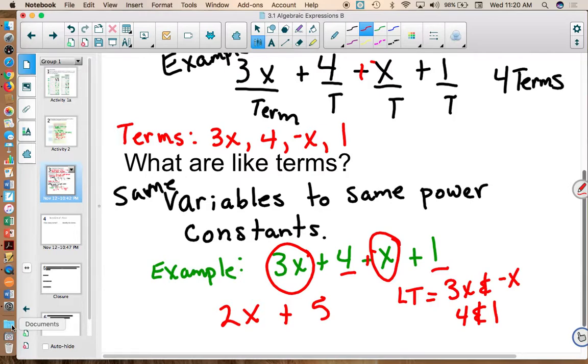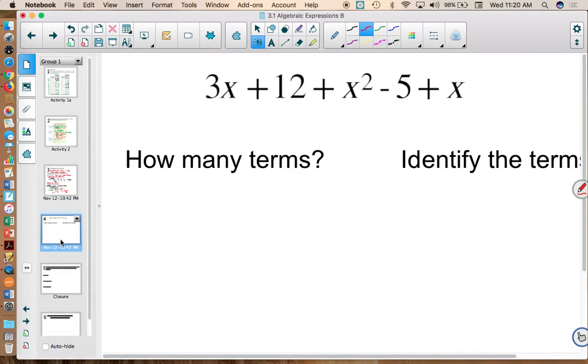So far, so good. Okay, let's see what we can do with this now. Here's the question. How many terms are in the statement 3x plus 12 plus x squared minus 5 plus x?